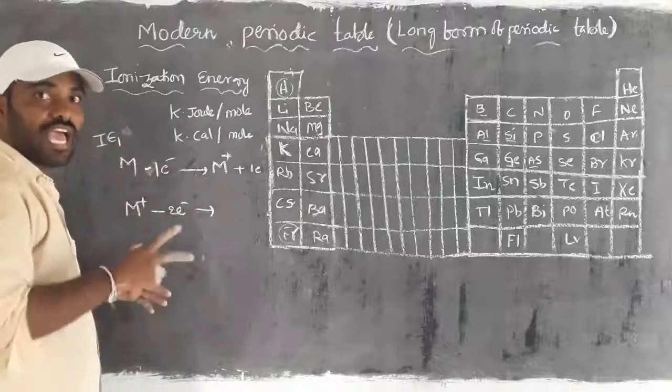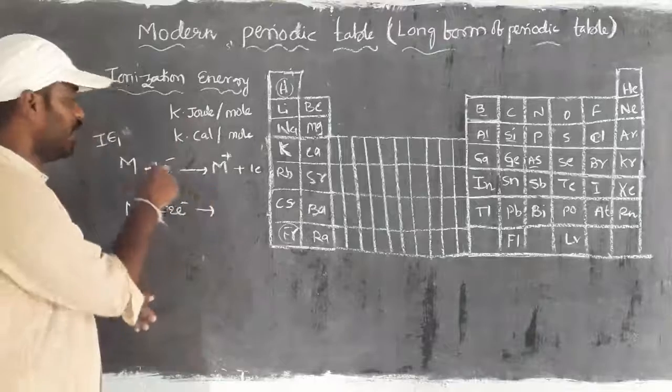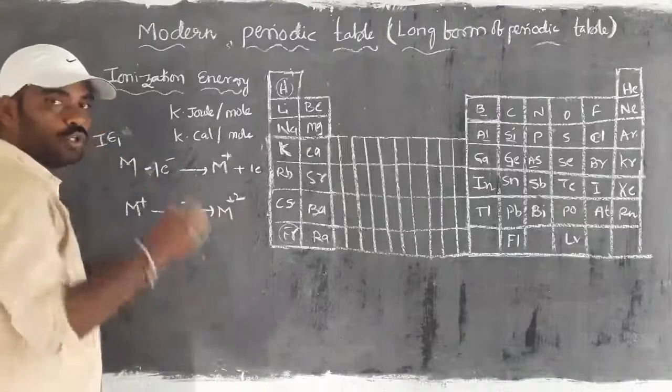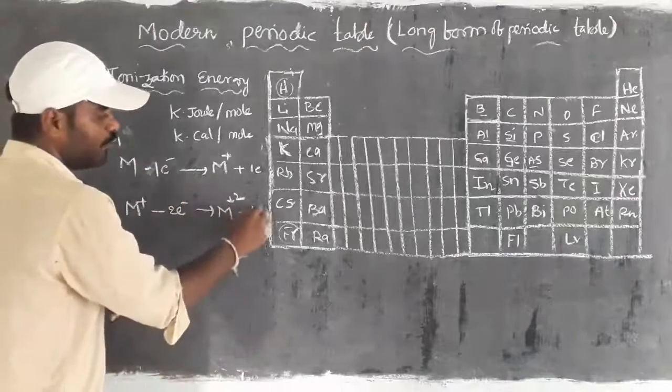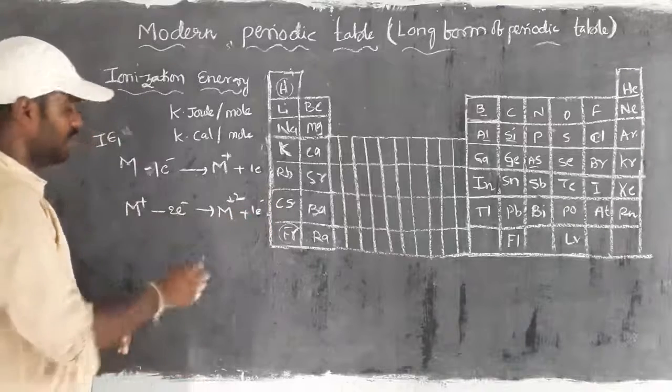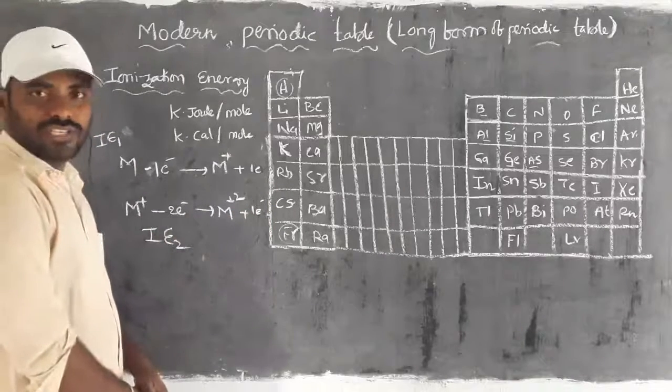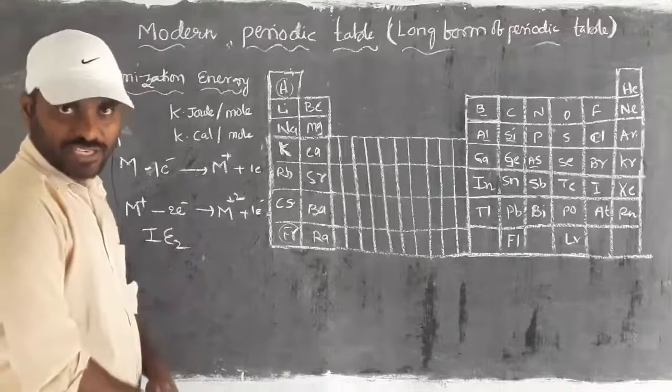For that, I give additional energy compared to the first time, and it turns into 2 units positive on removing the second electron. This we call ionization energy 2, or second ionization energy.